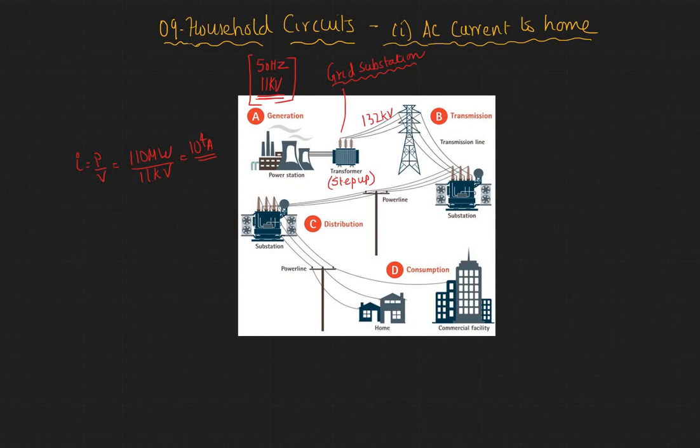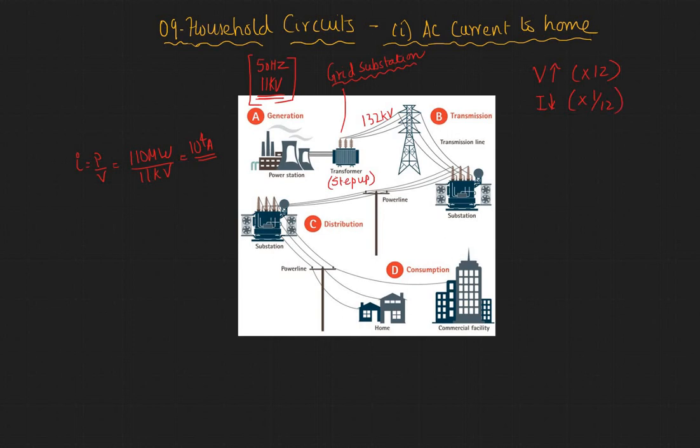And the reason why we do that is because, as we know, as we increase the voltage, let's say here from 11 to 132 is a factor of 12, the transmission current will reduce by a factor of 12.